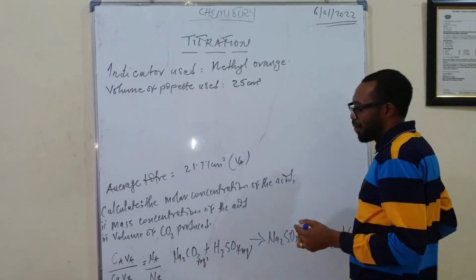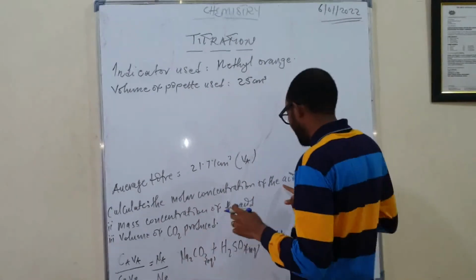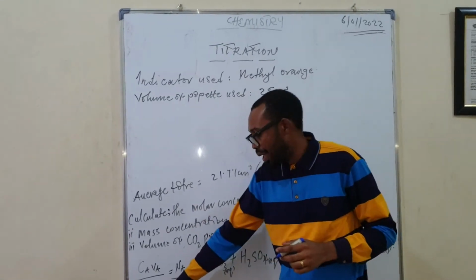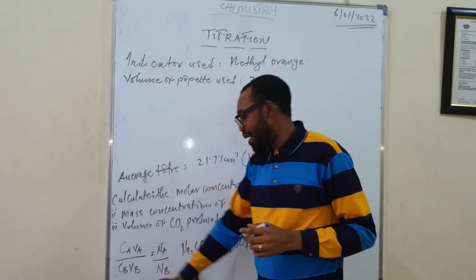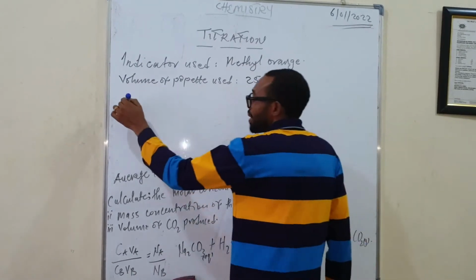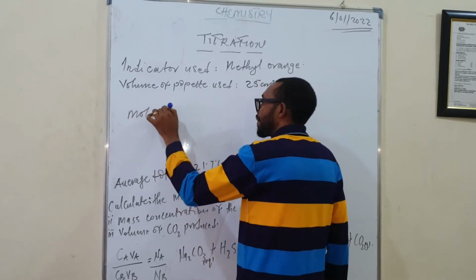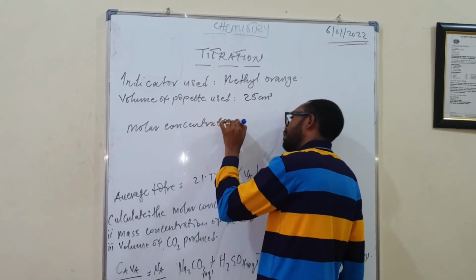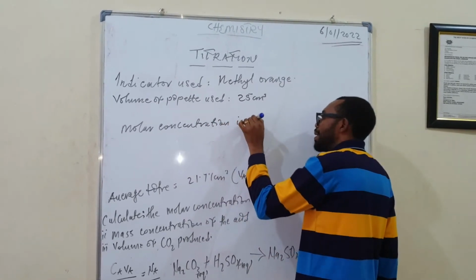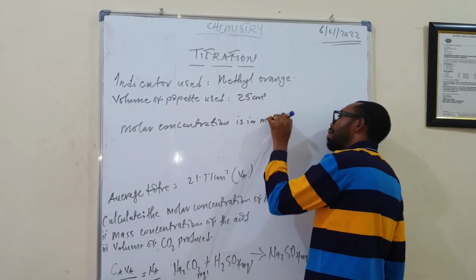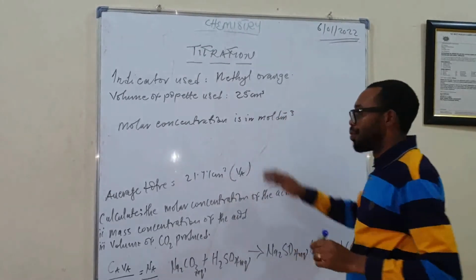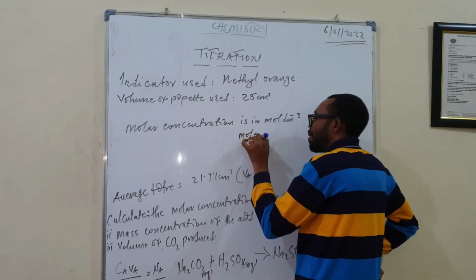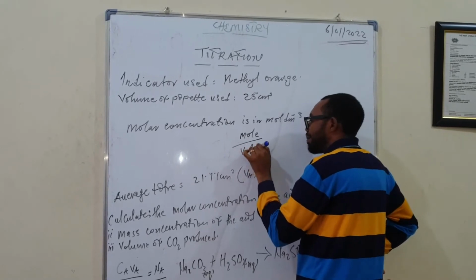Okay, so fully now we're looking at the molar concentration of the acid. But we can't calculate the molar concentration of the acid if we don't know the molar concentration of the base. Molar concentration is in mole per dm cube, so molar concentration can also be mole over volume.